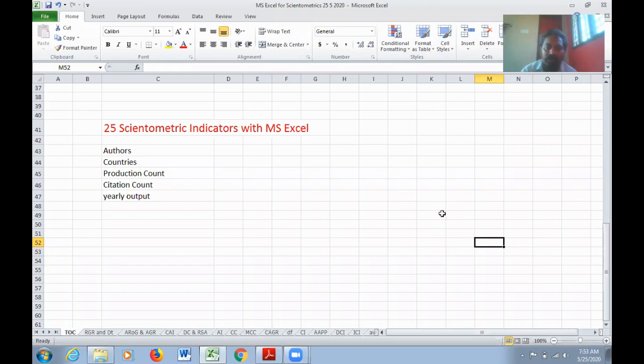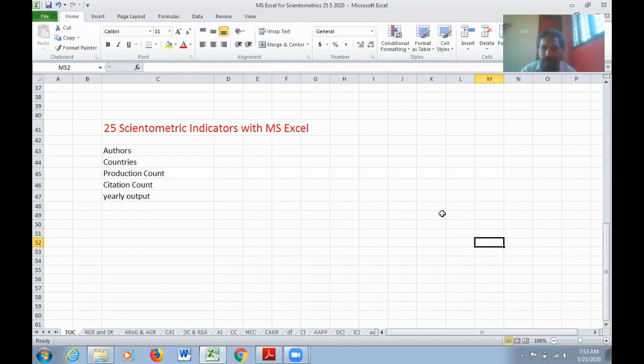Here, what I have been trying to do is take some very popular, mostly used scientific indicators which I found in various journal articles and theses.